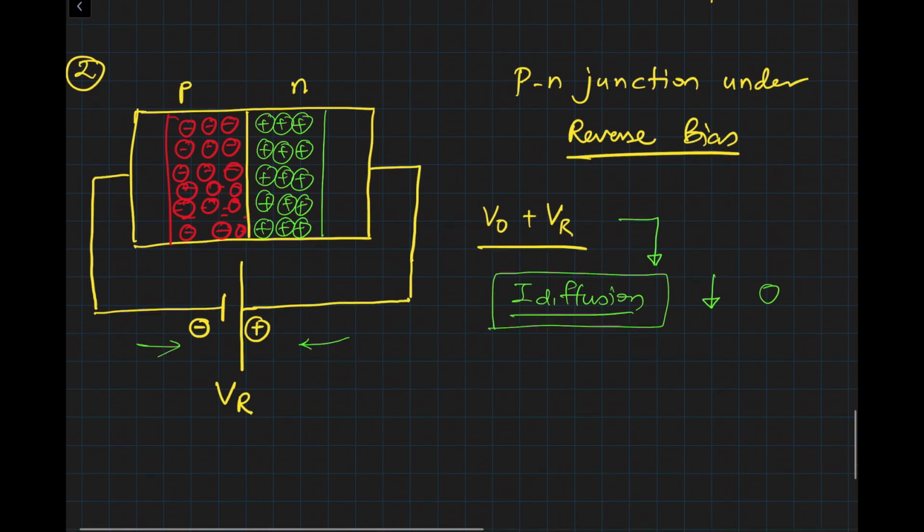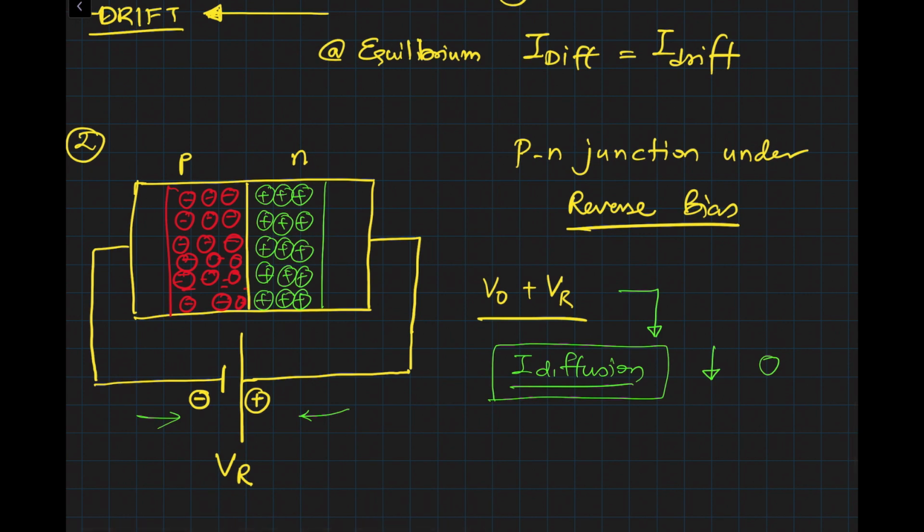So what we expect to happen is the following. We will have very small diffusion current, and our original drift current will continue to flow in this direction. As I said again, the I drift is minority carriers and they are moving around under E field, electric field.